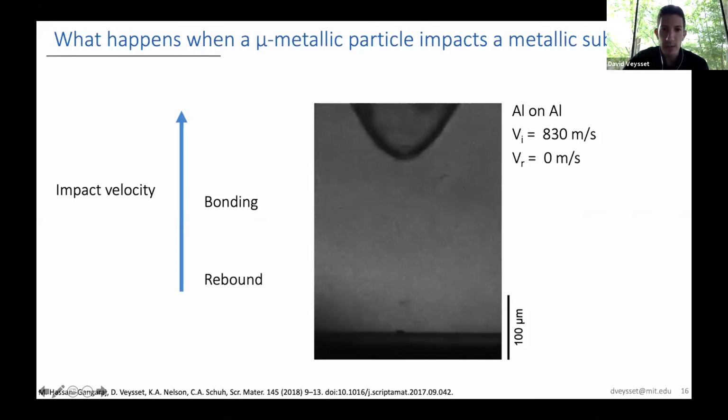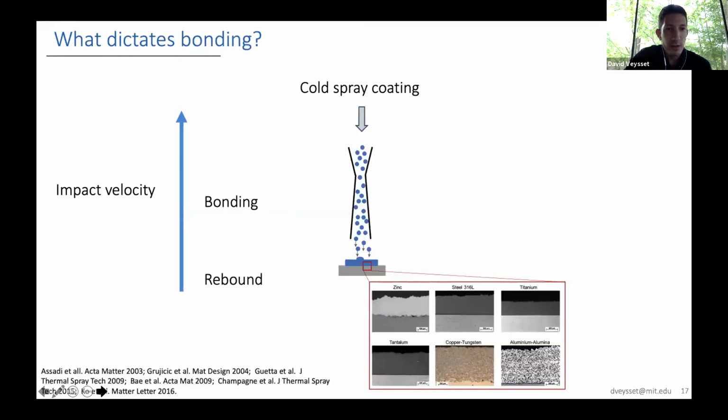Here I'm showing it again. Now, there's a question in this field about the transition from this rebound regime to the bonding regime: is this transition gradual, or is it a sharp transition, or is there a critical, well-defined threshold velocity?